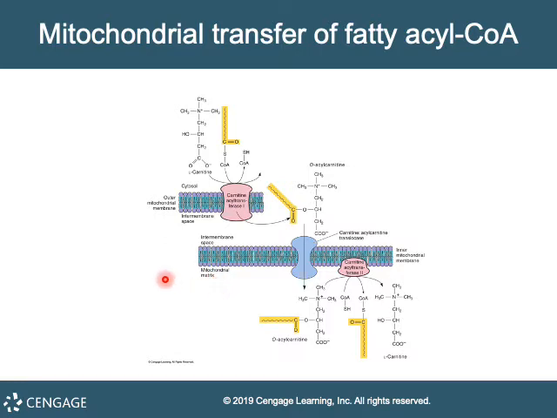So this process takes place in the outer mitochondrial membrane prior to the translocation of the fatty acid into the mitochondrial matrix. And you're not responsible for knowing all this detail. You just need to know the importance of the mitochondrial transfer of fatty acyl-CoA.